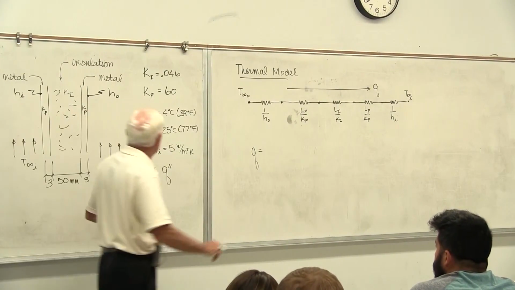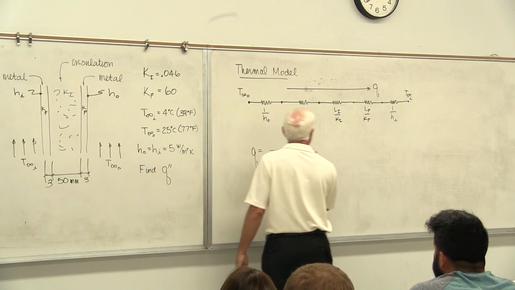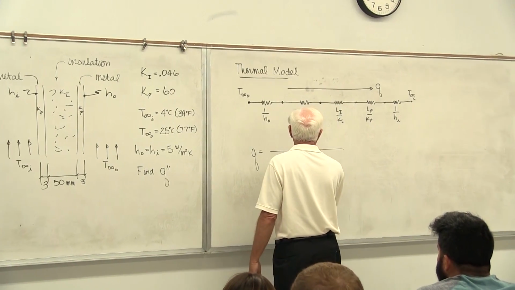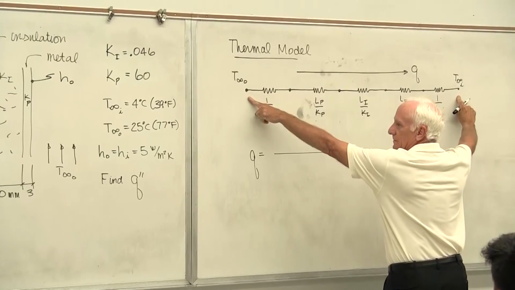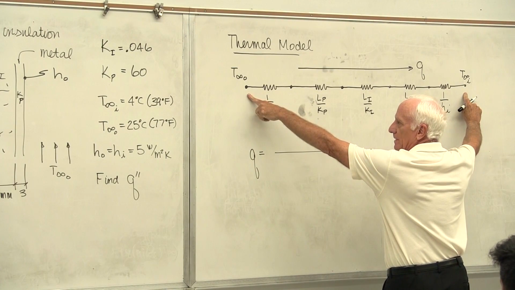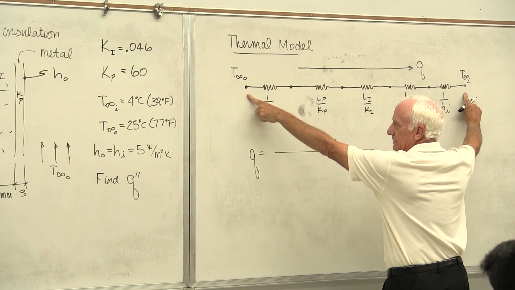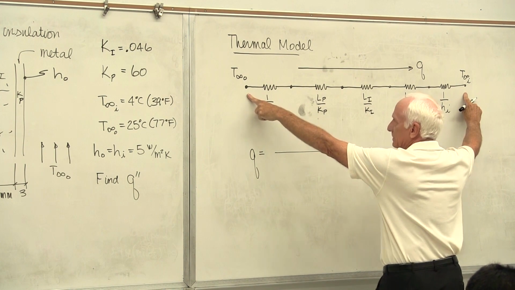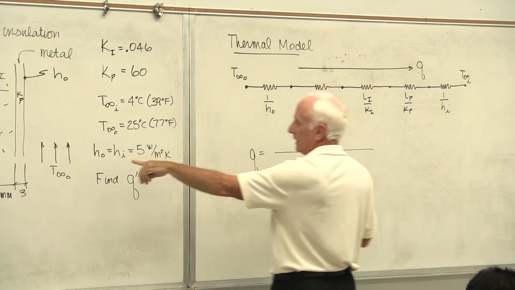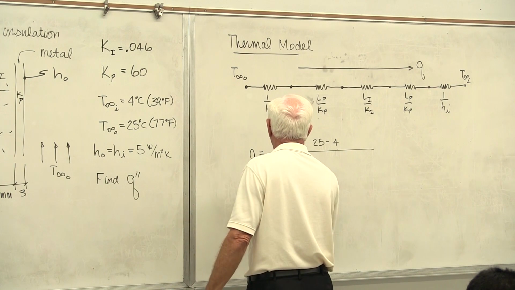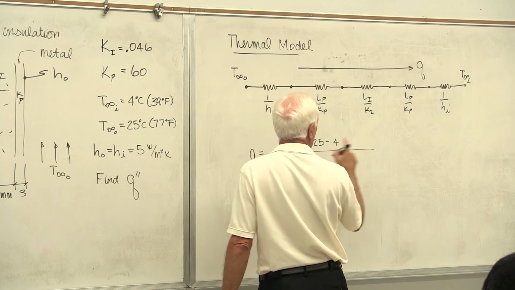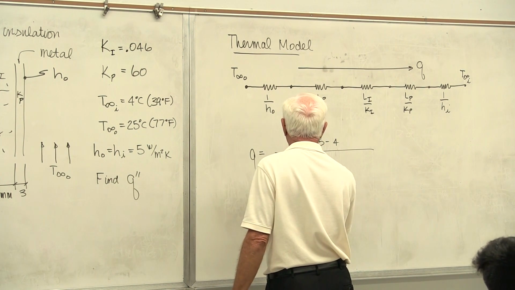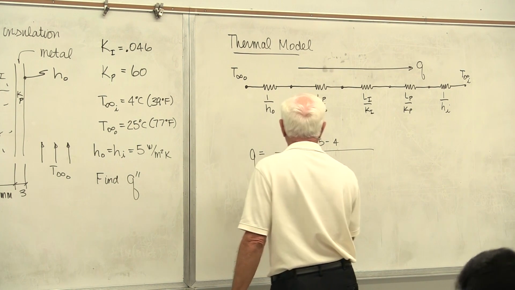Okay, so anyway, Q, take hot minus cold, 25 minus 4, divided by the sum of the resistances between my two fingers, R equivalent. Since it's a series connection, R equivalent is just the sum of those 5 resistances. 1 over H outside, 1 over 5. Let's just do the convection. Plus 1 over the inside, 1 over 5.